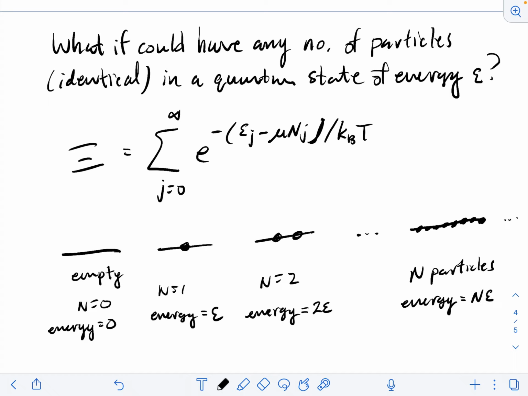Then it could keep going, right? We said we could have any number, so we could have n plus 1 and so on. It just keeps going up into infinity.